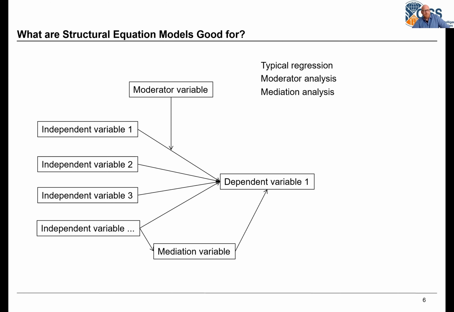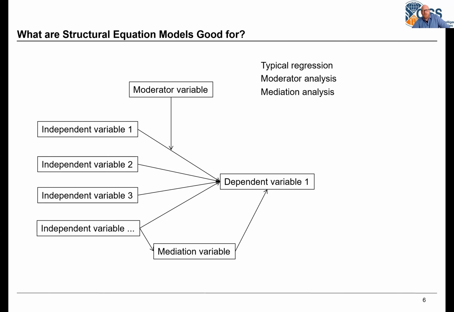A moderator influences the strength of a relationship, and a mediator mediates the relationship between the independent variable and the dependent variable. When you have a regression analysis with a mediation relationship, you have to estimate at least 2 regression equations. As you see here, this is quite easy.